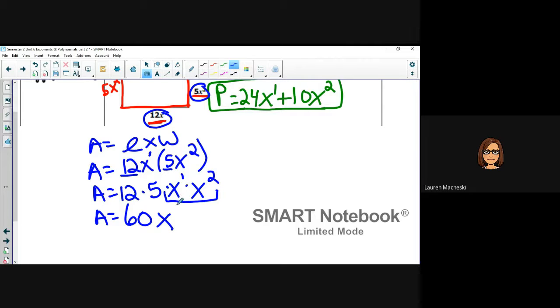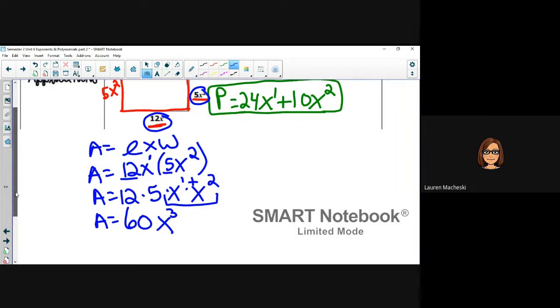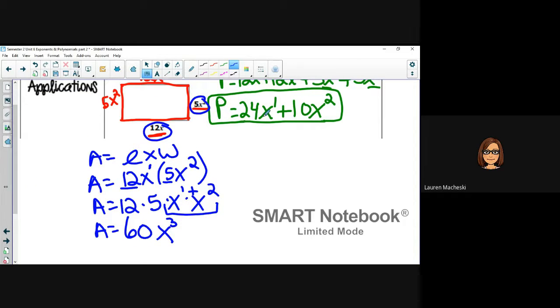This means I have 1 x and then I have 2 x's. So how many total x's? I add them, and 1 plus 2 gives me 3. Now just be cautious here. Sometimes it'll tell me that this is measured in feet or inches or centimeters. If it doesn't tell you, then it's just units. And I forgot to say that when we did perimeter, but for the perimeter you would just say your units.